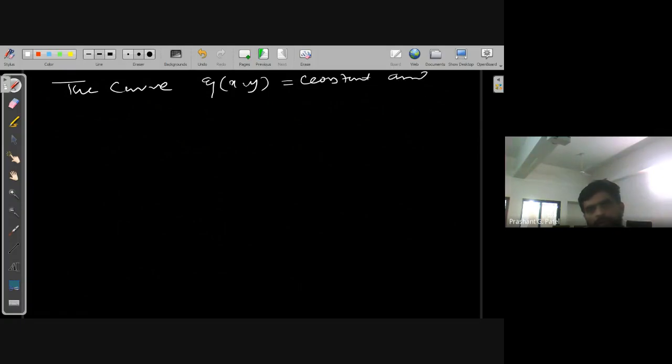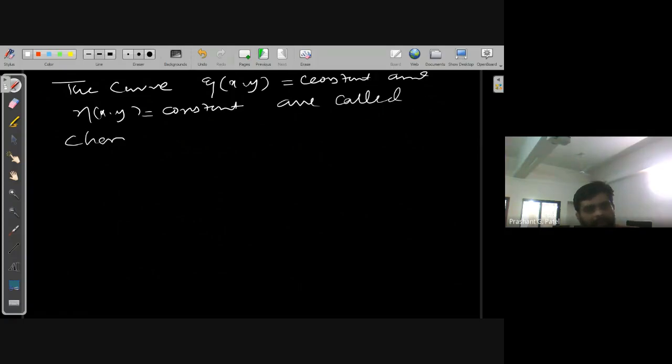Okay. So what we can say is, the curves xi of xy equal to constant and eta of xy equal to constant are called characteristic curves of equation 1.